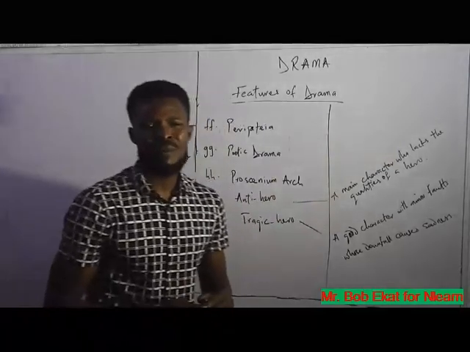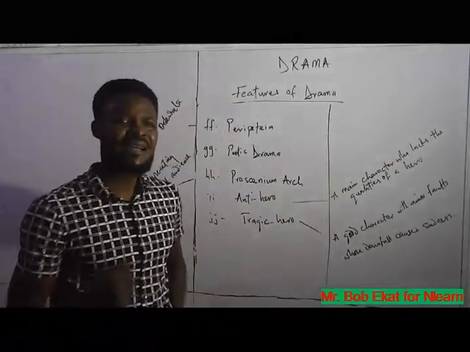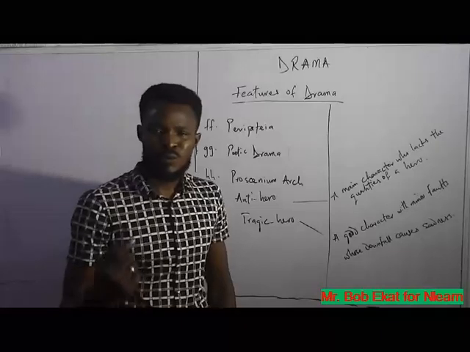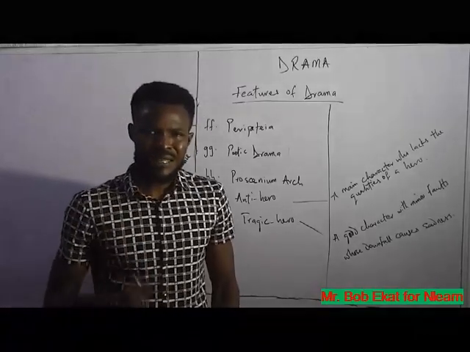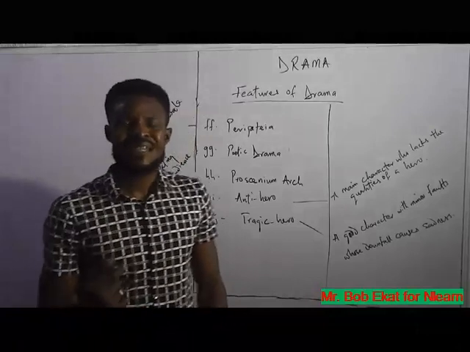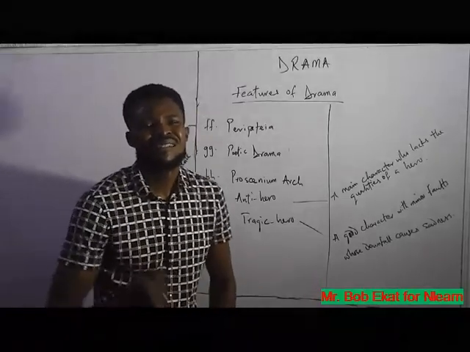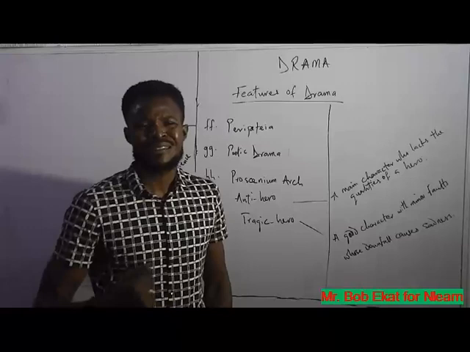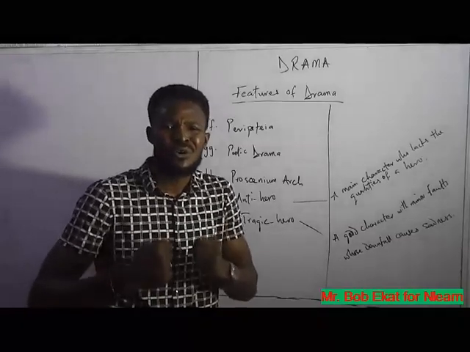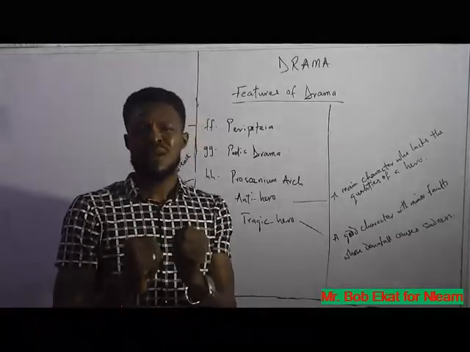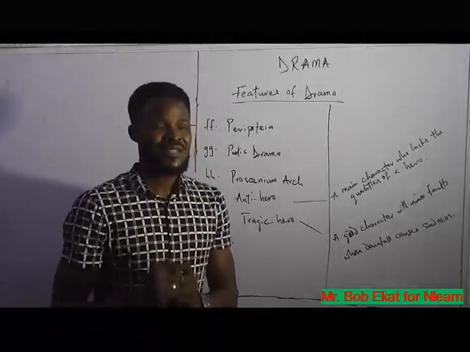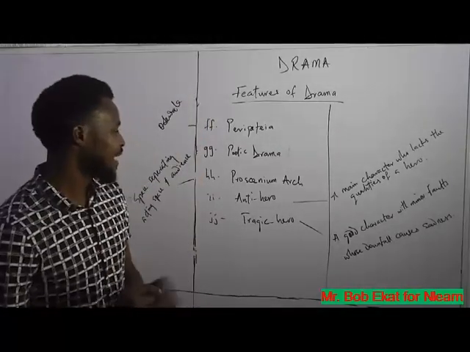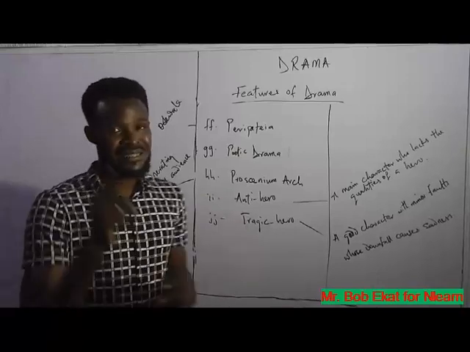There are some dramas where you see a main character whom the story revolves around, and you tell yourself that this character doesn't look like a hero. He doesn't look strong, or she doesn't look firm enough to be looked up to as a hero. That kind of character is called an antihero.